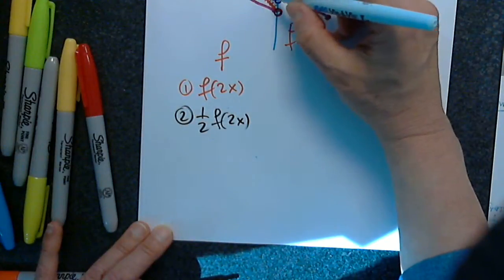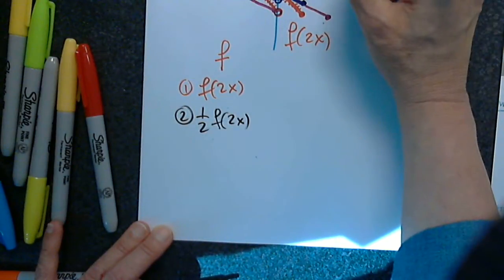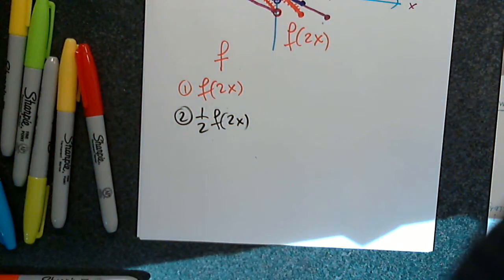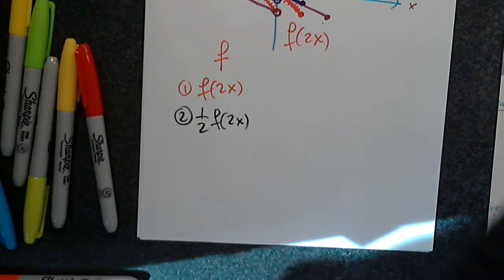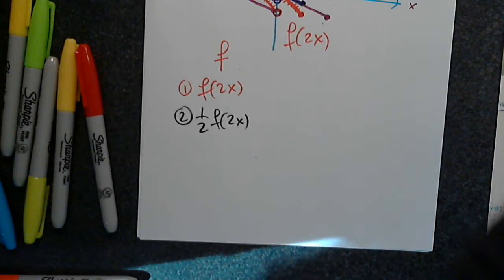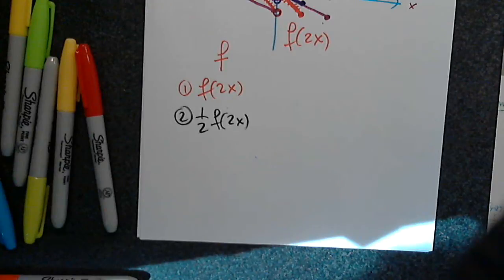So this, of course, and this as well, is 1/2 f of twice x. So first we did what? We used horizontal shrinking by a factor of 1/2, and then we used vertical shrinking by a factor of 1/2.